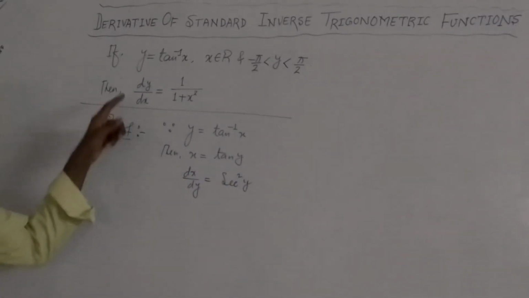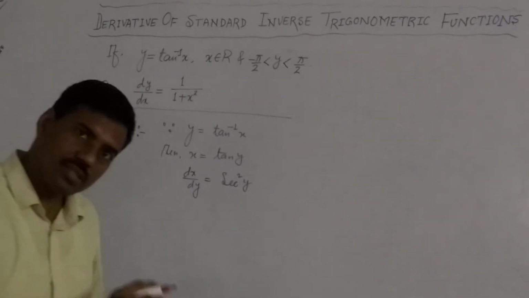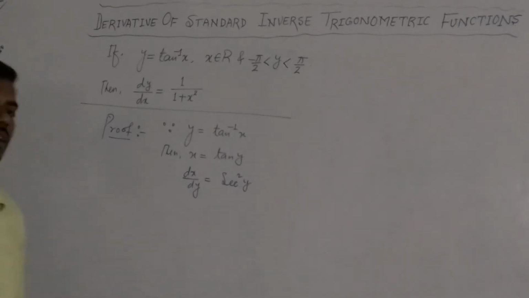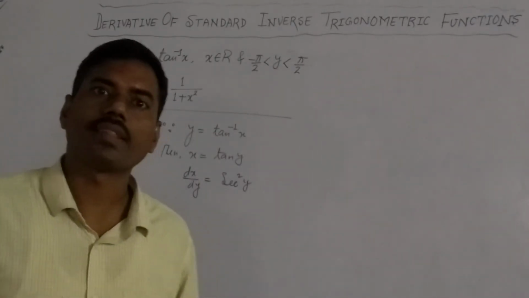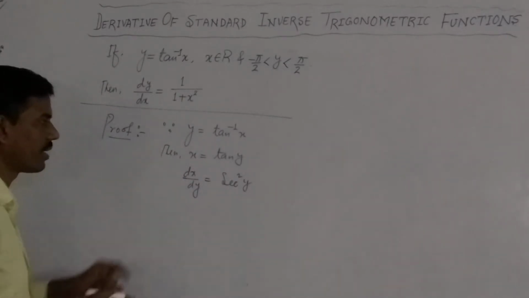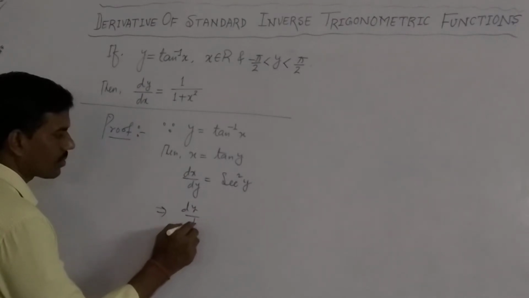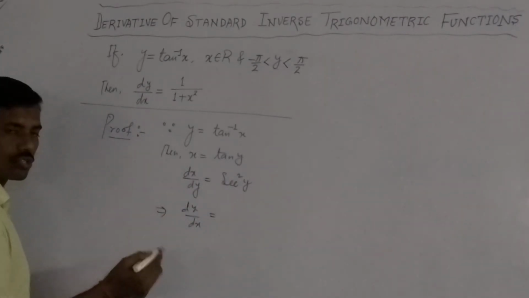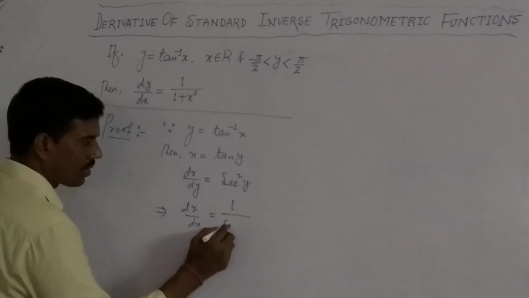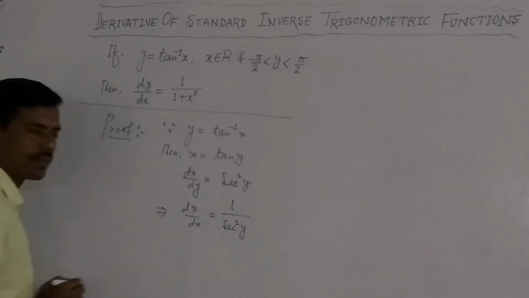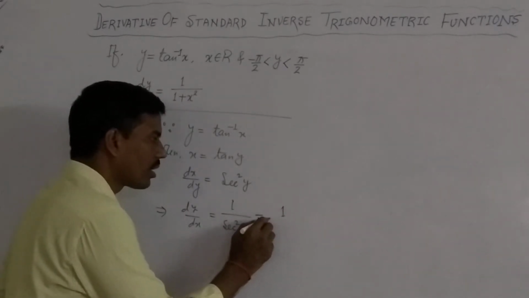Since we have to find dy by dx, but at this stage we have dx by dy, we have to find the reciprocal of dx by dy. We have dy by dx is equal to the reciprocal of sec square y, which is 1 upon sec square of y. Clear? And this is equal to 1 upon.